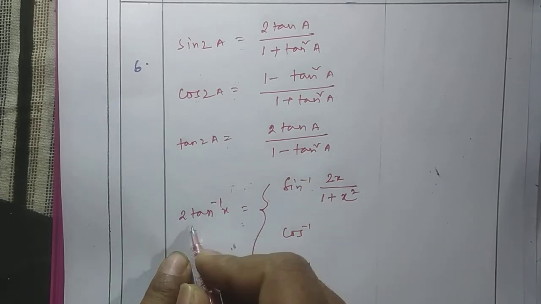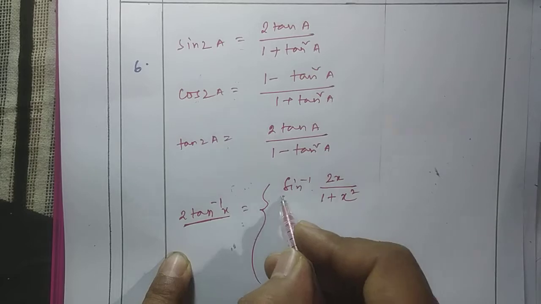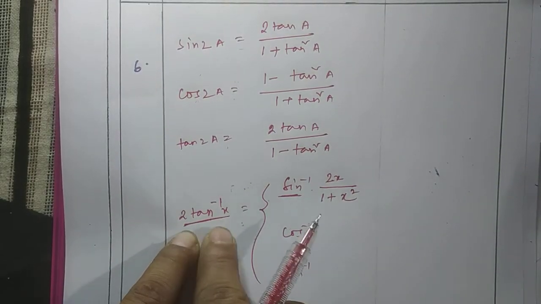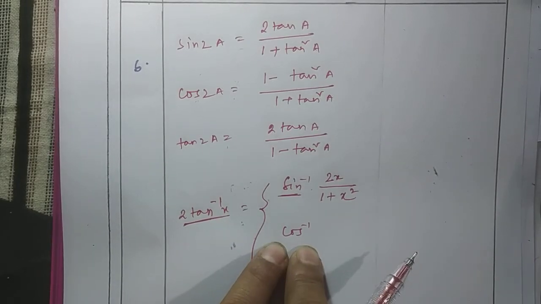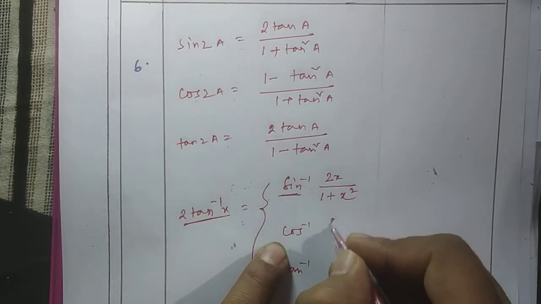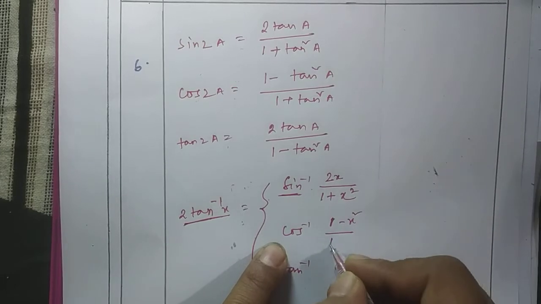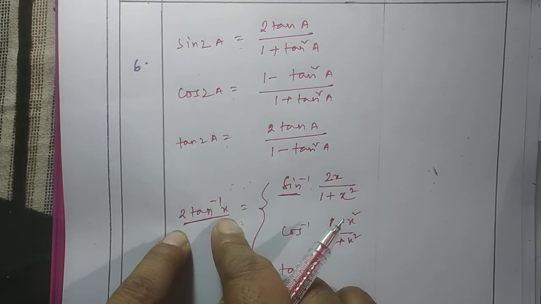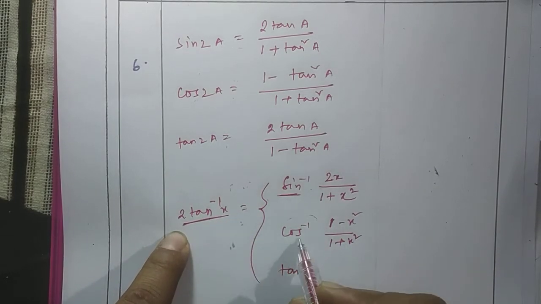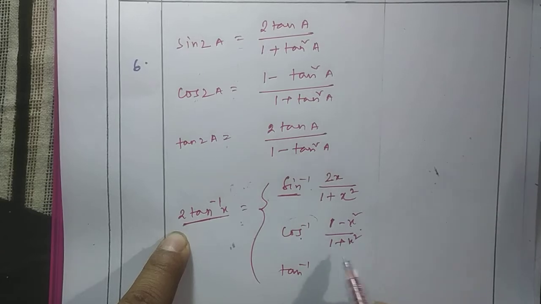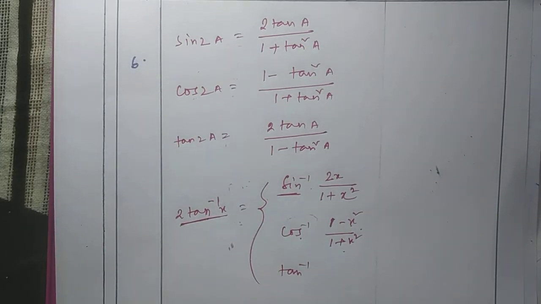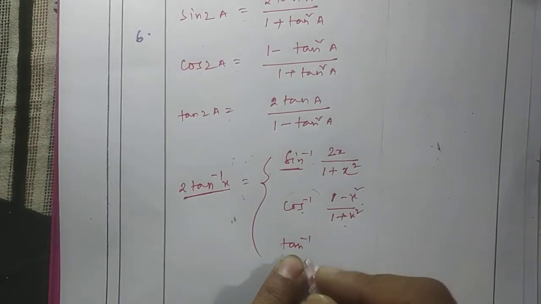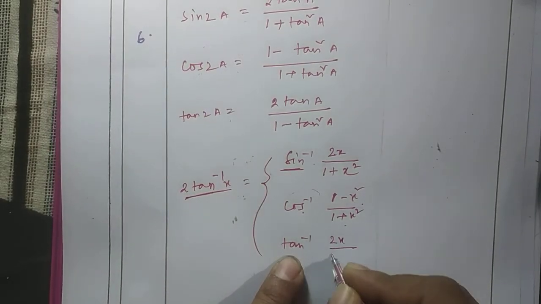Similarly, the formula of 2 tan inverse x in terms of cos inverse is cos inverse (1 minus x square) by (1 plus x square). And lastly, the formula of 2 tan inverse x in terms of tan inverse is tan inverse 2x by (1 minus x square).